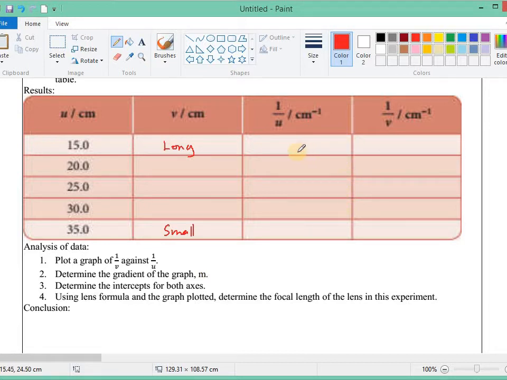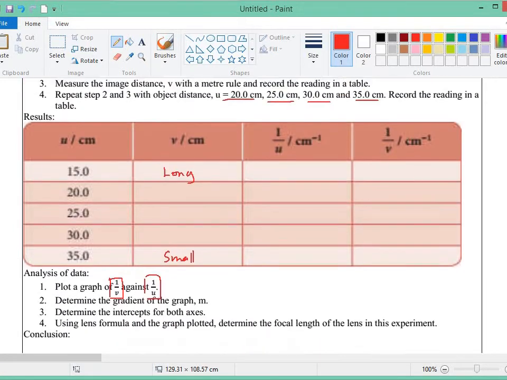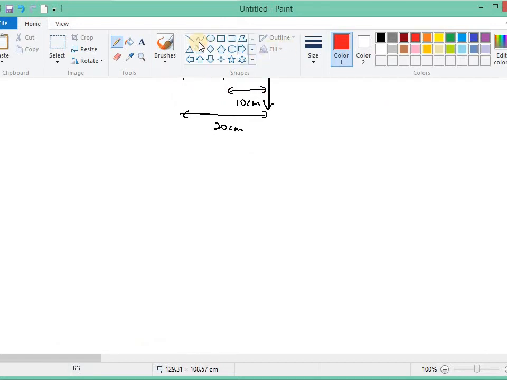Okay, so analysis of data: plot a graph of 1 over v against 1 over u. The graph that we are going to get will look like this. 1 over v, 1 over u.